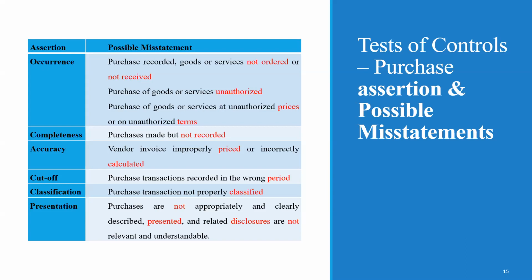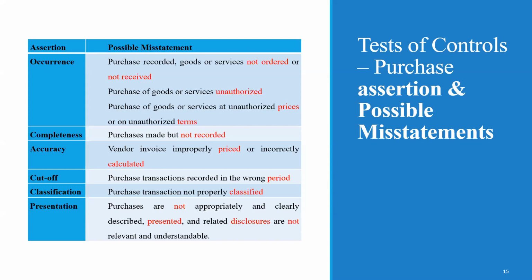So for the completeness assertion, first we look at the voucher system. Second, we need to test the pre-numbered and sequentially accounted for results. Third, you need to look at the subsequent payment because it also indicates the completeness of purchases and payables. And what is the fourth one?